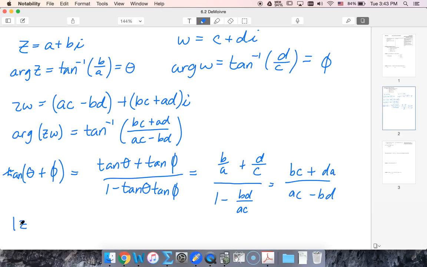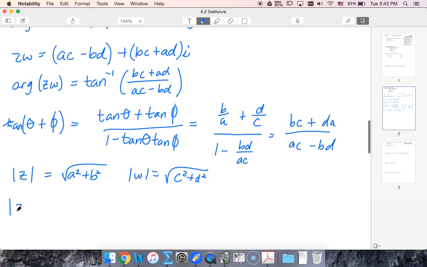So magnitude z is going to be the square root of a squared plus b squared. Magnitude w is going to be the square root of c squared plus d squared. And then magnitude of the product is going to be the square root of (ac minus bd) squared plus (bc plus ad) squared.